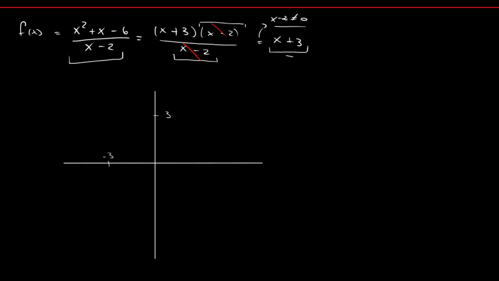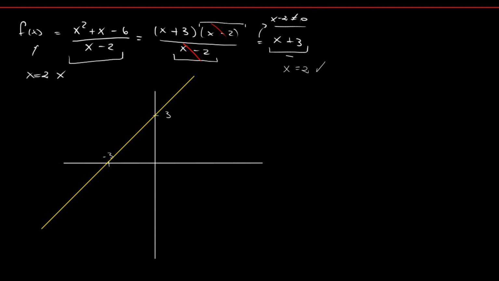So now we have to join these 2 points and this is our function. But in this case, when x equals 2, this is a valid point. But here, x equals 2 is not.